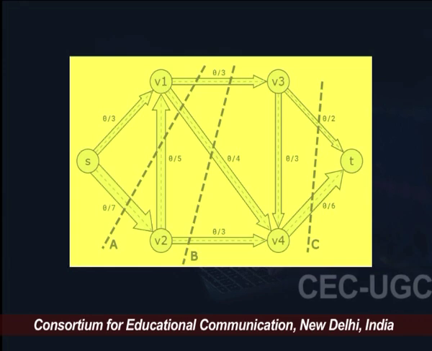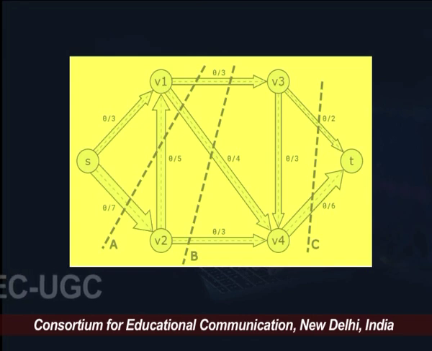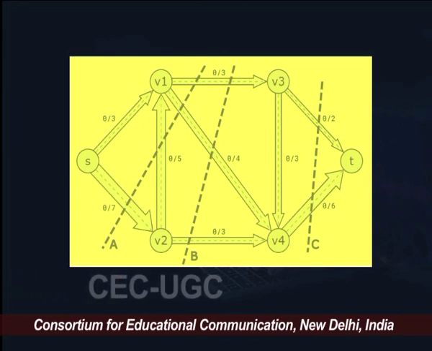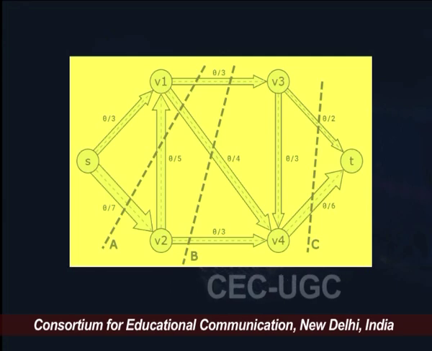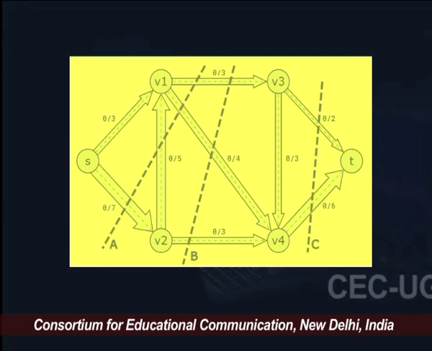The cut C is going to give us the lowest total capacity. So, this cut C will be known as the minimum cut, and now it is very obvious what maximum flow we can push through this network. It will not go beyond 8, which is exactly what the max flow min cut theorem says.